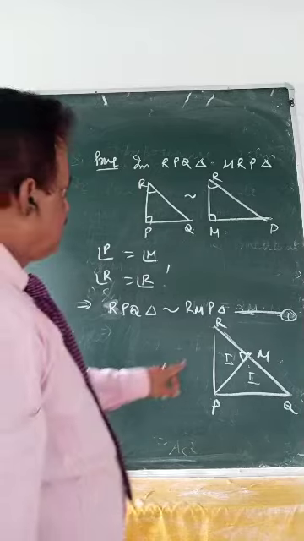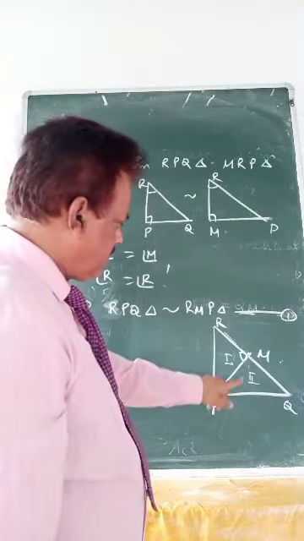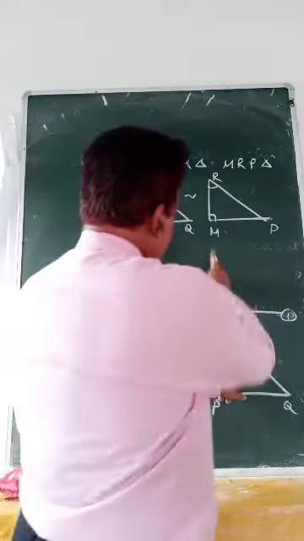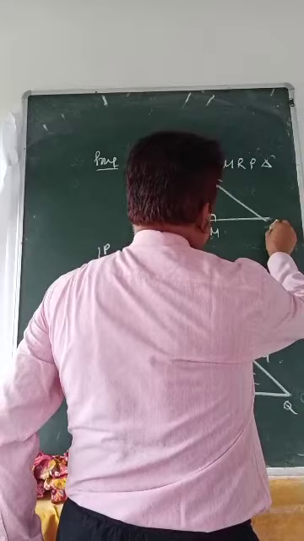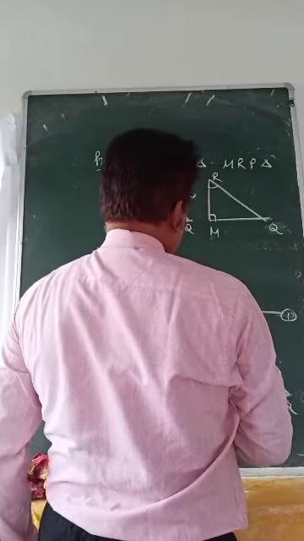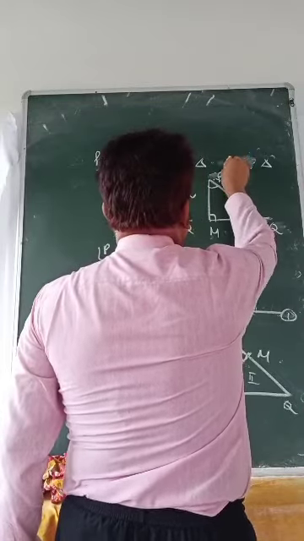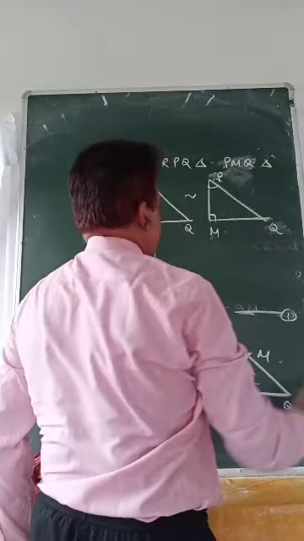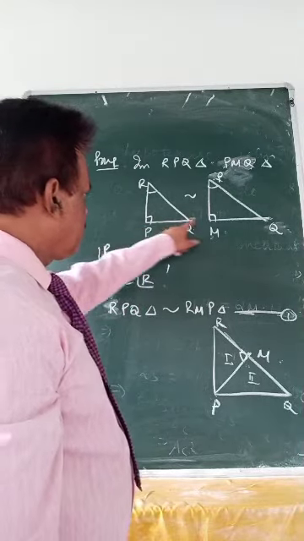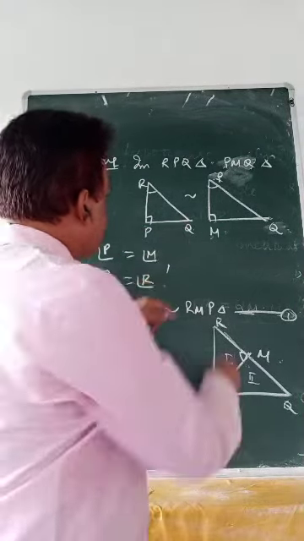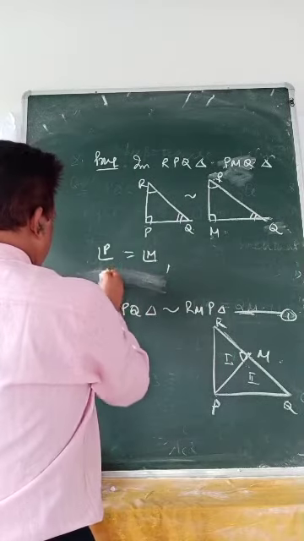Okay. Then RPQ triangle and M is 90 degree, Q is common, Q is here and P is here, P and Q. So what will we get? P equals M, then Q angle equals Q angle.